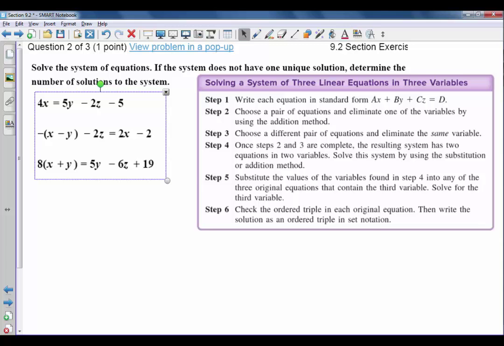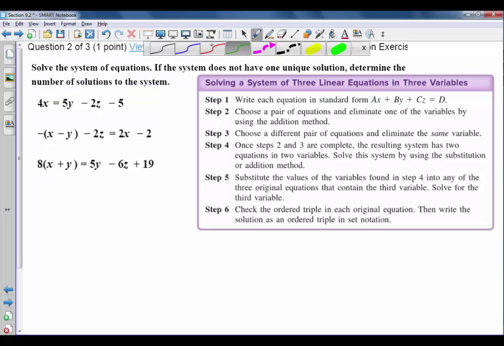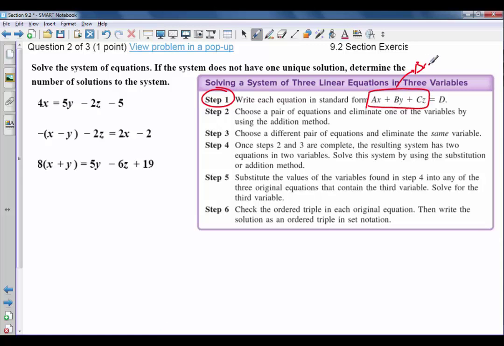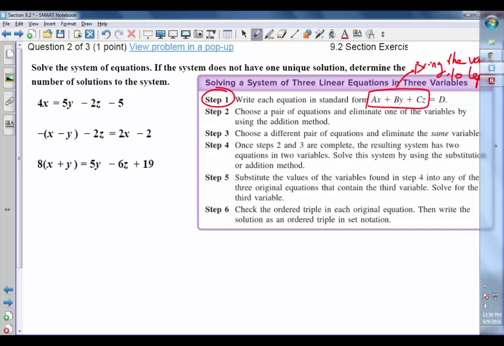So the first step is prepping the question. You need to prepare the question for solving it. We need to write the equation in standard form. Basically, bring the variables, the letters, to the left side.